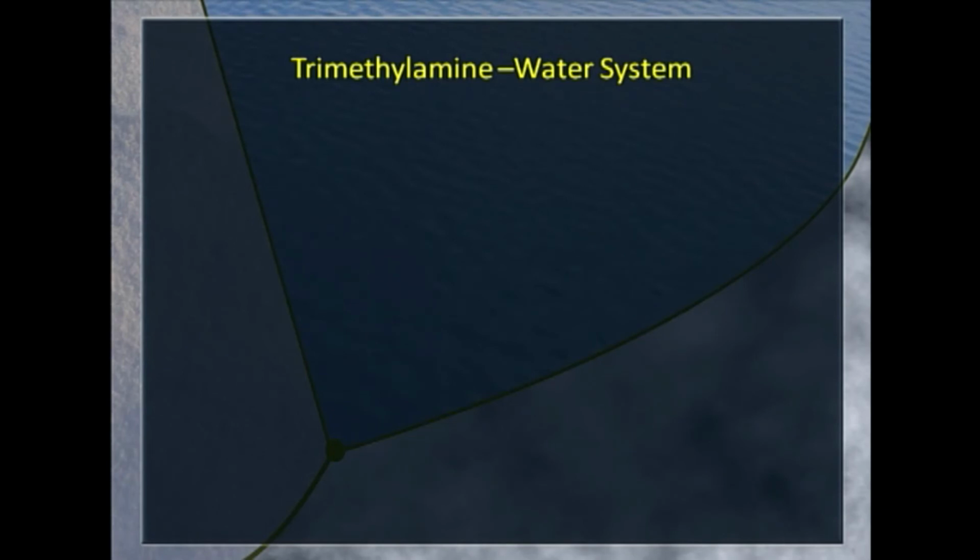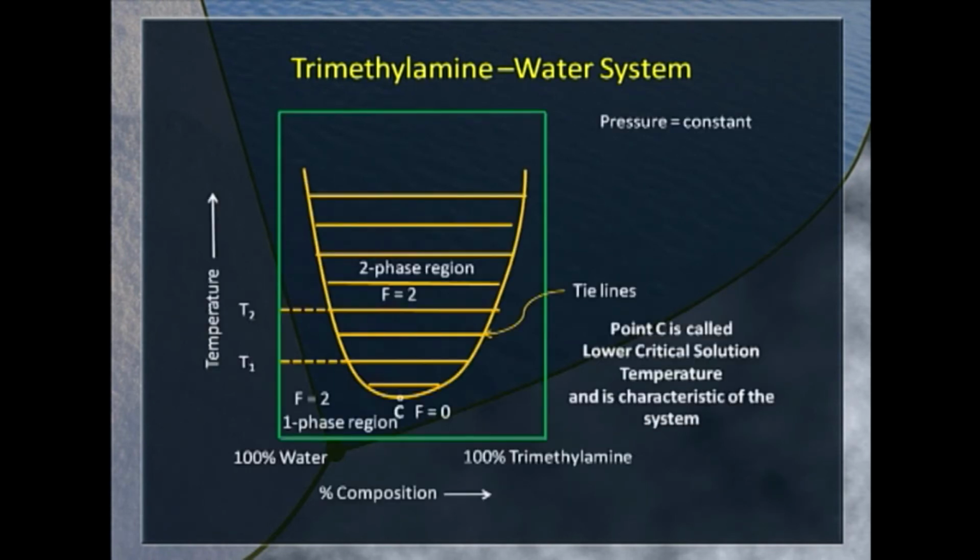There are other systems which show lower CST, like the one that we have here, a system given by water and trimethylamine, exactly like the phenol-water system, but the CST, the critical solution temperature, is at the lowest point here. This is called lower CST.